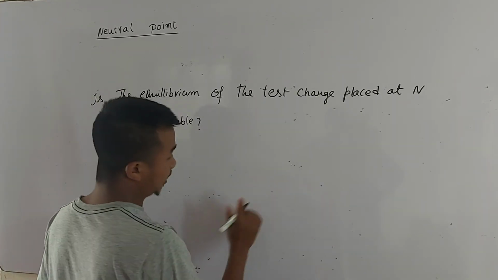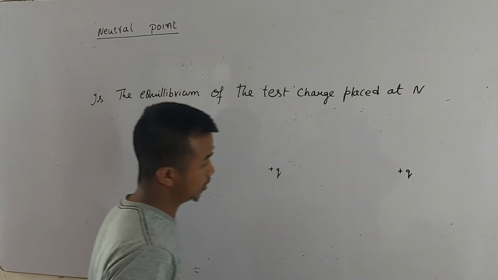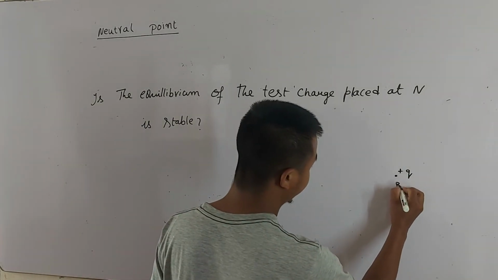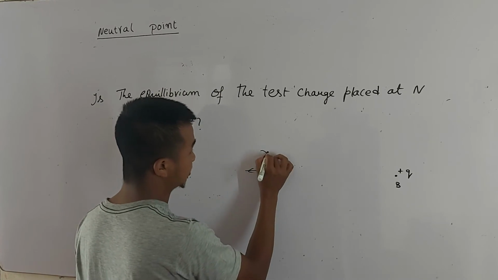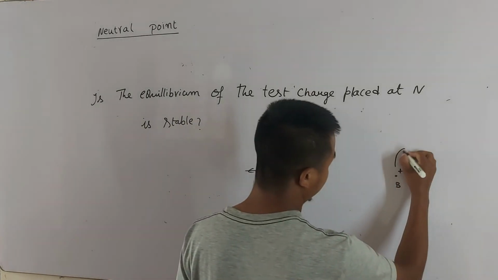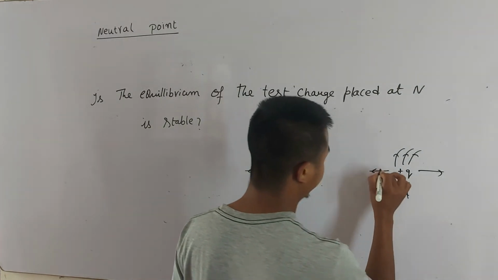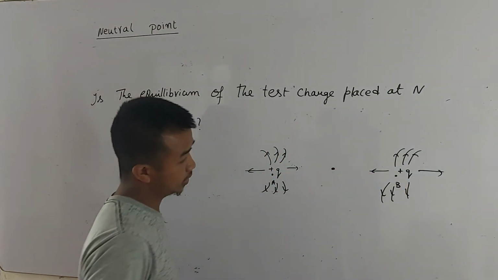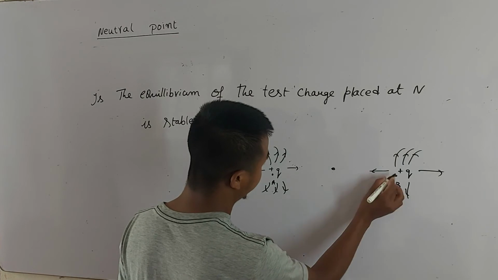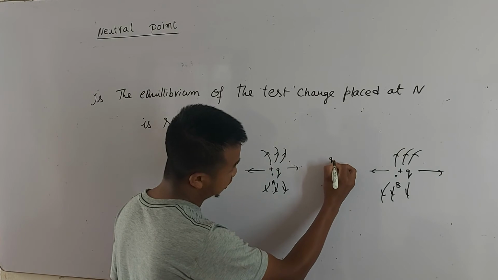So let us consider this one to be plus Q, and this one here also plus Q. This point is A, and this point is B. The electric field lines of force are like this. Since they are of the same strength, the neutral point is midway between these two charges. So N. Let us put a test charge here.